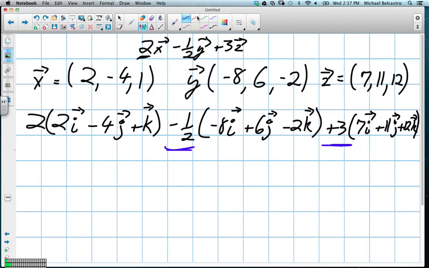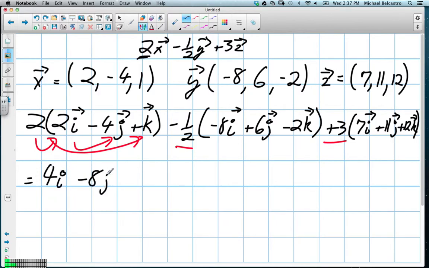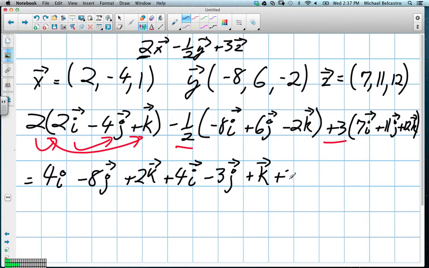So now we use our distributive property. 2 goes into all 3 of these, and same with the other scalars. And we'll have new values for our unit vectors. We'll have 4i minus 8j plus 2k plus 4i minus 3j plus k plus 21i plus 33j plus 36k.